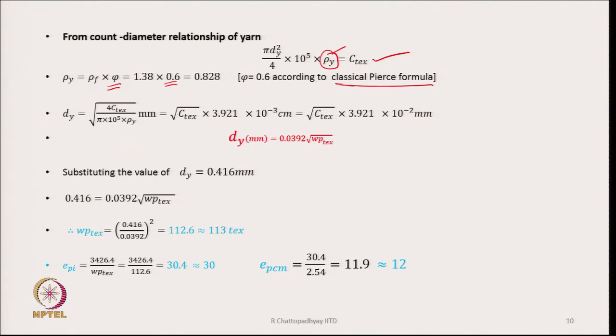Now, if you use that value, then ultimately we get the diameter of the yarn as this.